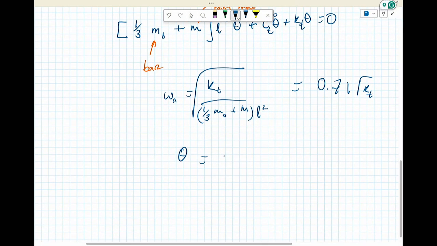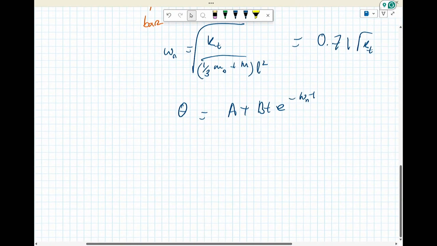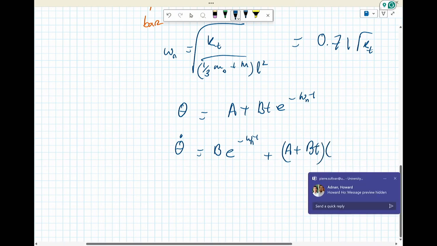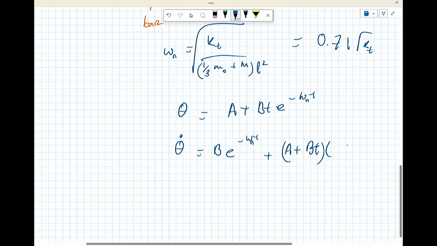Theta is equal to A plus Bt, times e to the minus omega n t, because this is a critically damped problem, and theta dot is B e to the minus omega n t plus A plus Bt times minus omega n e to the minus omega n t.